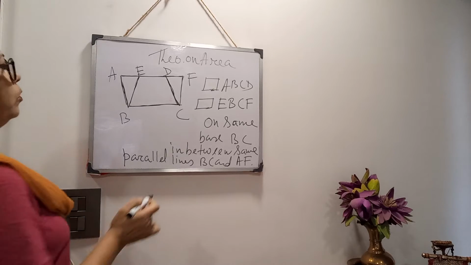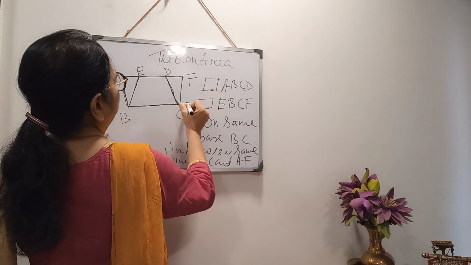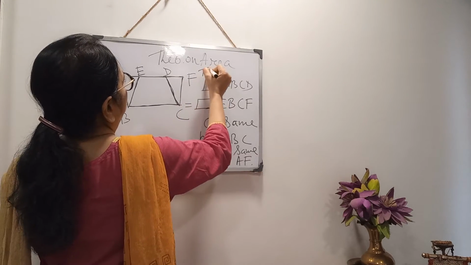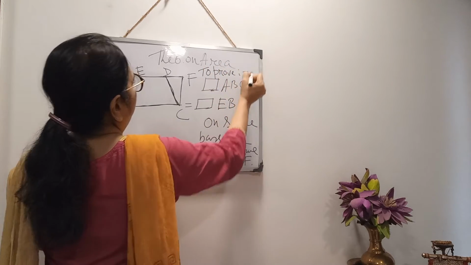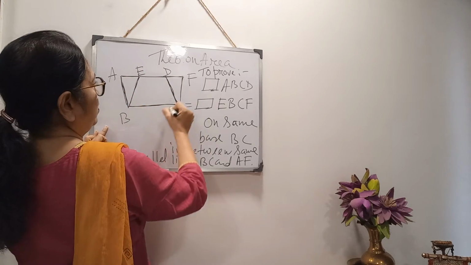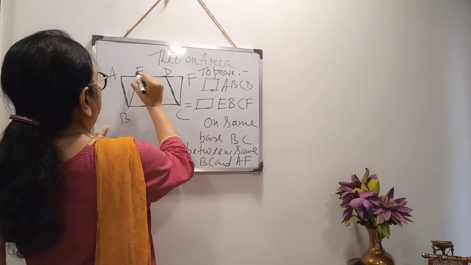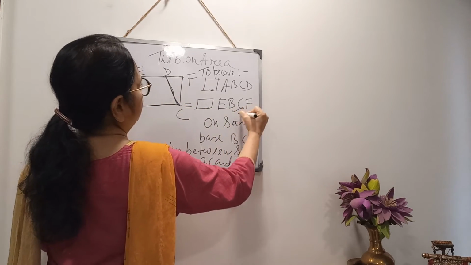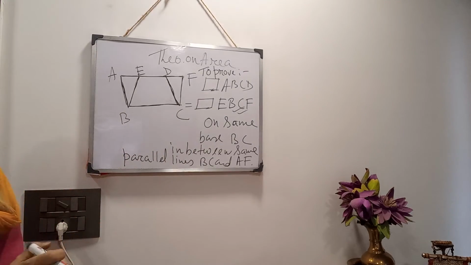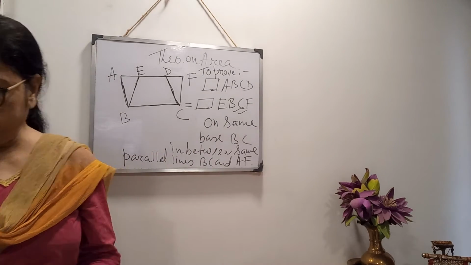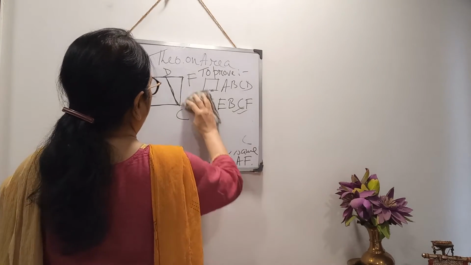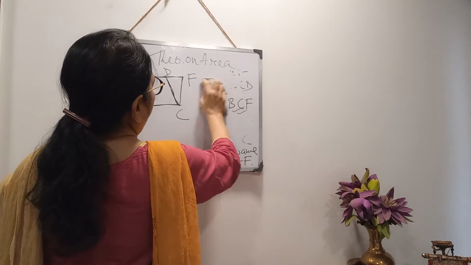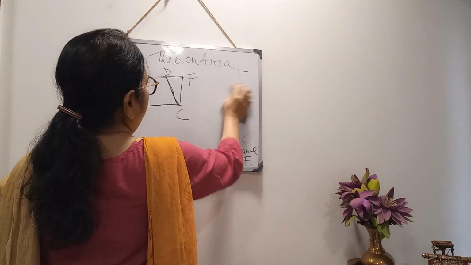Then what to prove? We have to prove that the area of parallelogram ABCD equals the area of parallelogram EBCF. Clear? Now next, the proof part. When you write, you will follow the book.